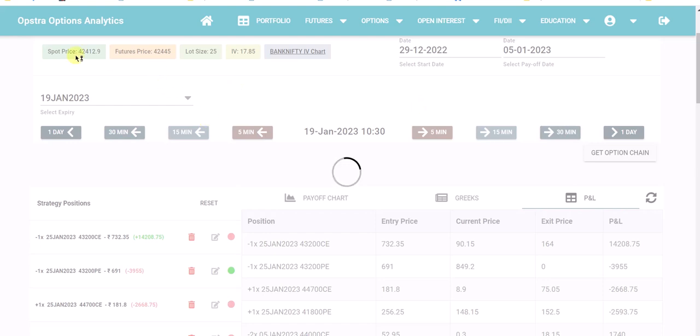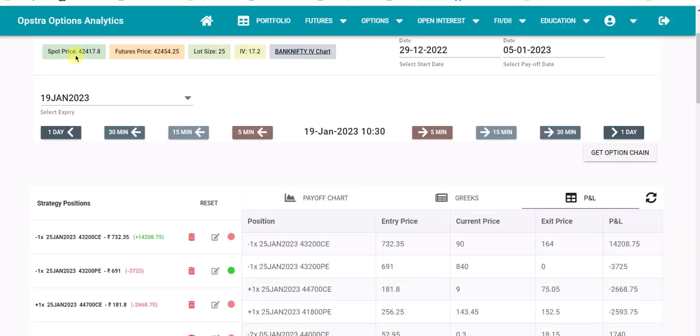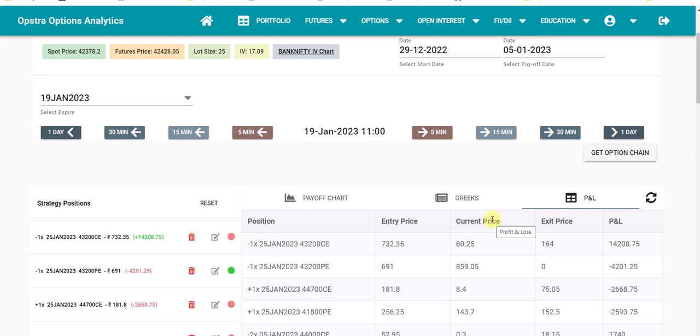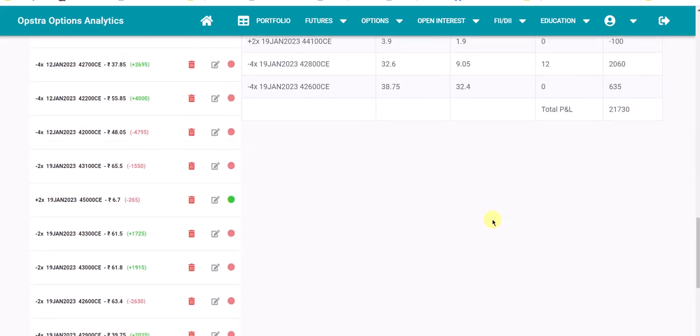Not a problem. Not a big move. Let's see if it is below 15.